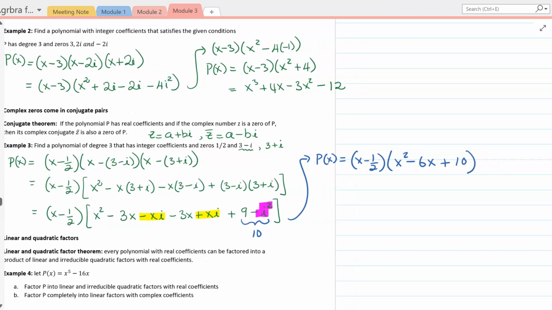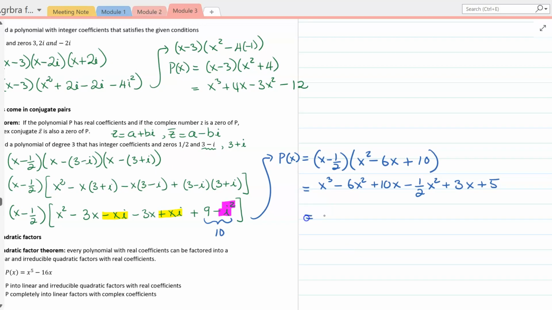Go ahead and multiply this out. x to the third minus 6x squared plus 10x plus 1/2 x squared minus 3x plus 5.